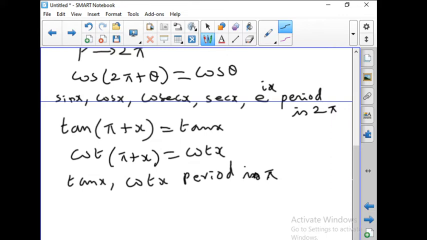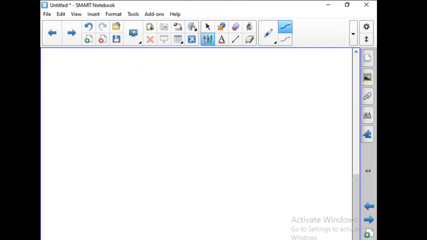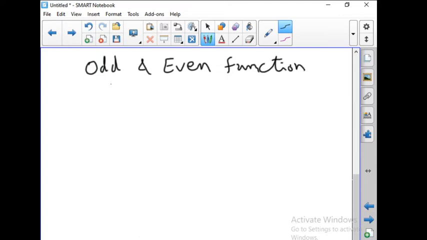Remember this. Next we will go to odd and even functions. When do you say a function is even? A real valued function f is an even function when f of minus x is equal to f of x.